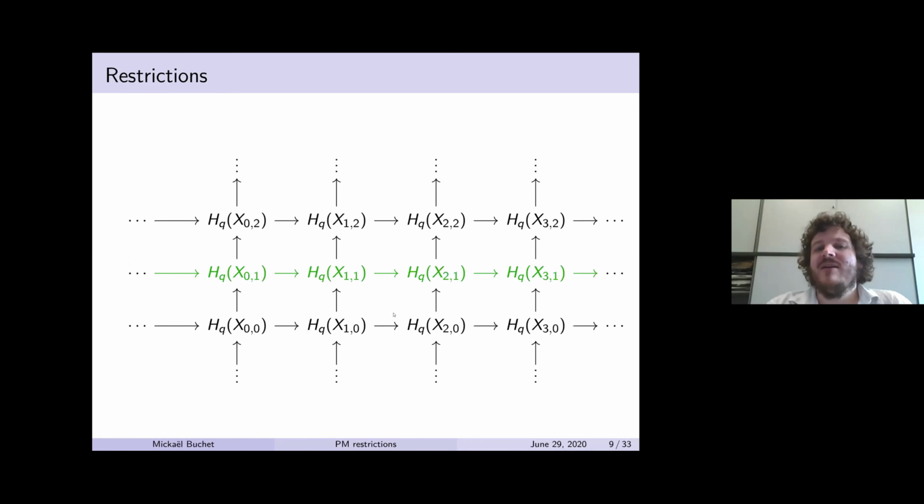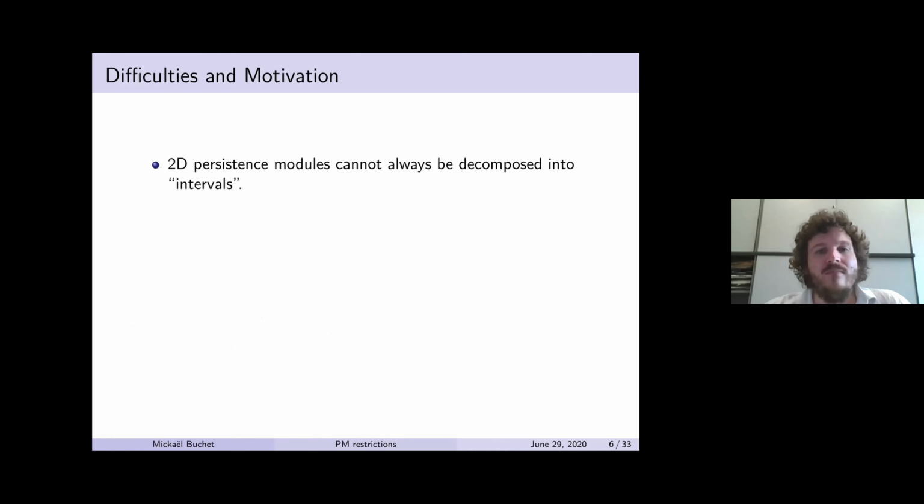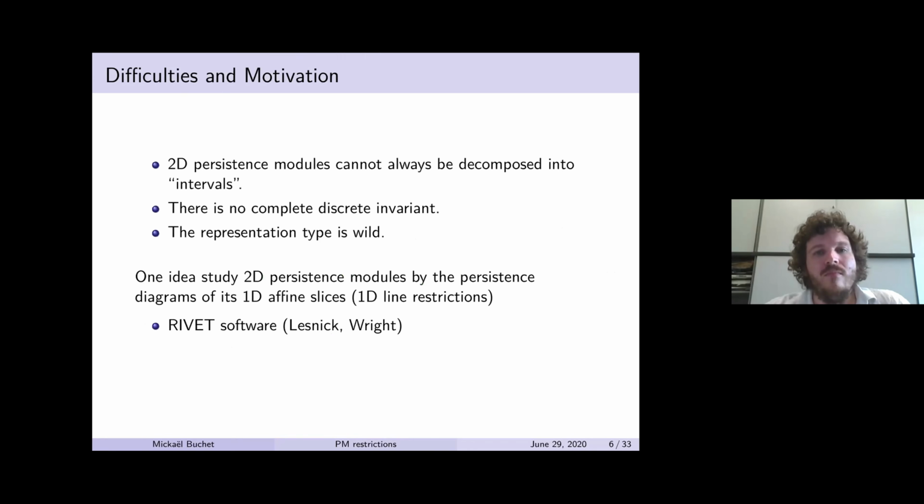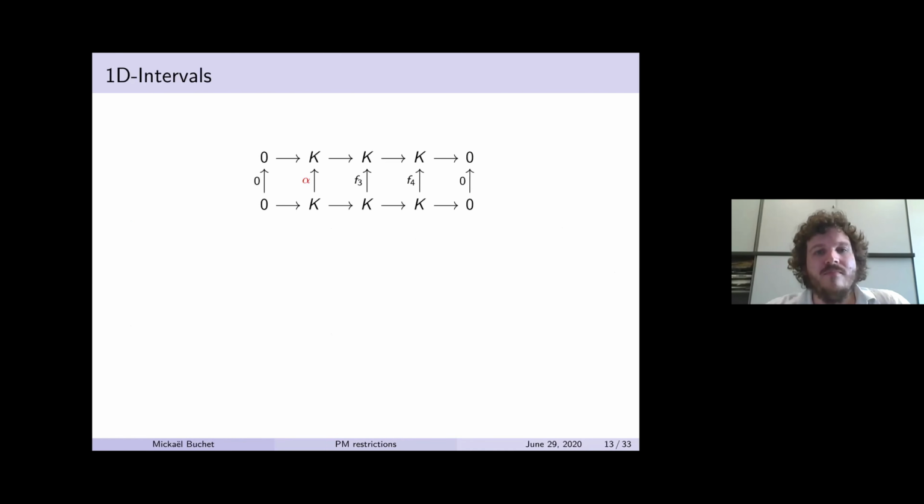I do believe there are some incompatibilities. If you give me a finite grid and you tell me this line should have this persistence module, this line should have this persistence module, and the whole thing, when I glue it together, has to be decomposable, then I can provide a counterexample where it's not possible. One easy way to look at it is, actually, it's here.